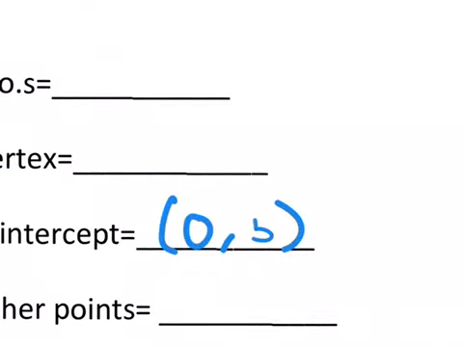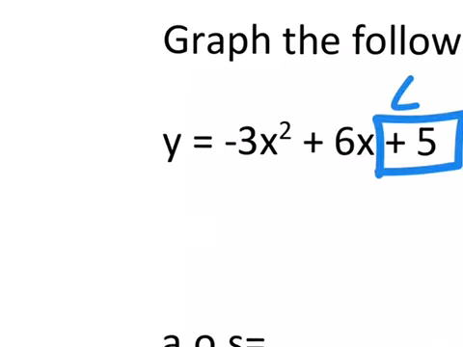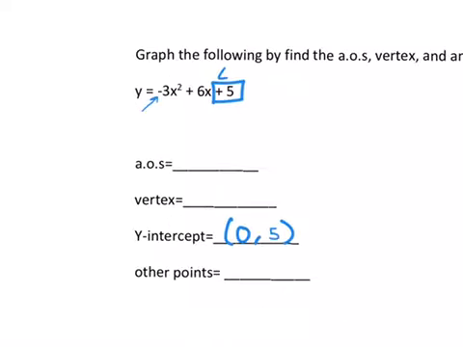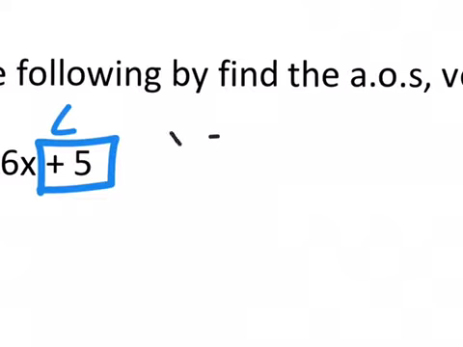So we have our y-intercept. And also, you might recognize that this one's going to open down because we have a negative in front of that a value. We learned that in 9.1. All right, now all of these will start by using our x is equal to negative b divided by 2a.